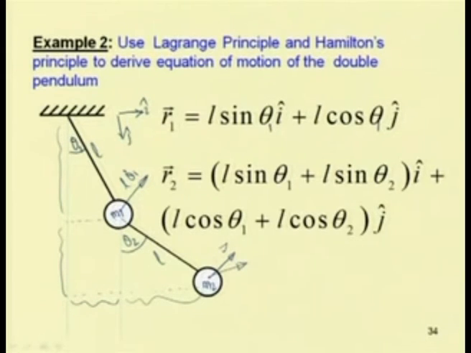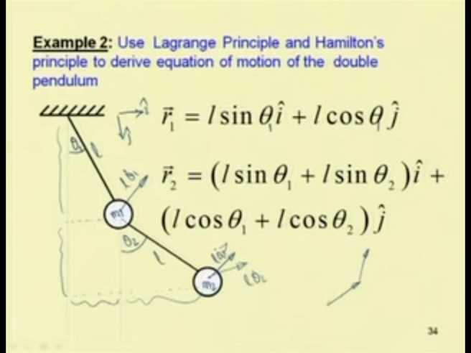So, one can find that this is L theta 1 dot and this is L theta 2 dot, and the summation of these two gives the velocity.